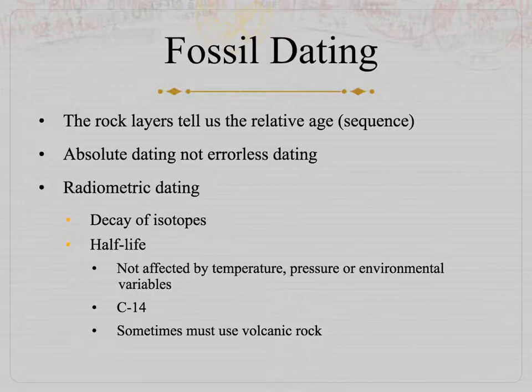We know that these isotopes and their half-lives are not affected by temperature, pressure, or other environmental variables. Why is this important? Because then we can say that, no, this wasn't just because these conditions were happening at this time and now we have these conditions. We can say that these isotopes decay at this rate no matter what.